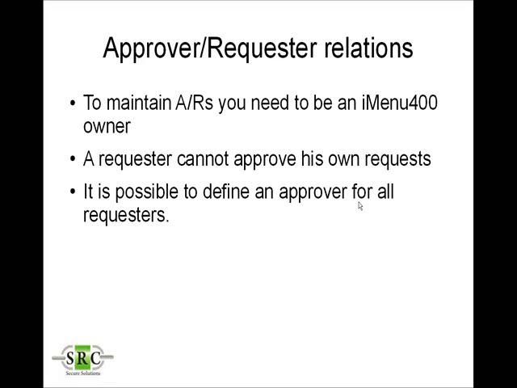One important and obvious rule is that a requester is not allowed to approve his own change requests. But it is possible to define one approver for all requesters, which makes administration somewhat easier in smaller companies.